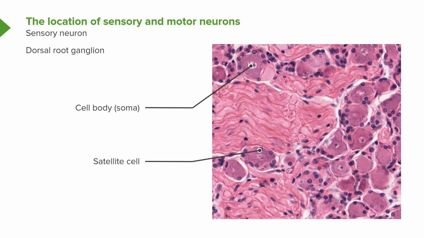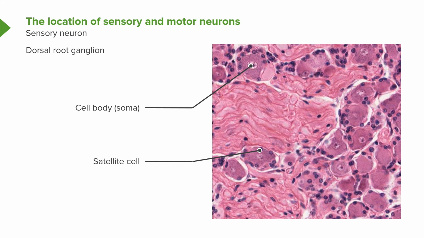Now, what you see wrapped around these ganglion cells are other small cells. These are called satellite cells. And recall that these ganglion cells, these sensory neurons, don't have a dendritic tree. They just have a bipolar or a pseudo-unipolar type arrangement coming out and forming the two axonal branches.